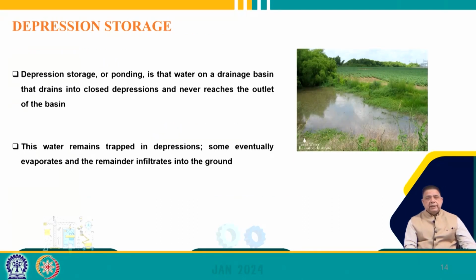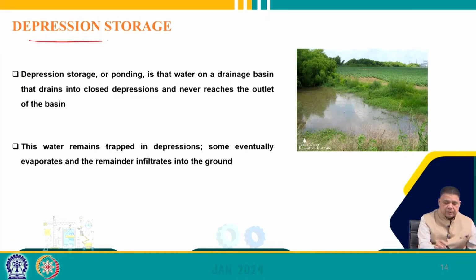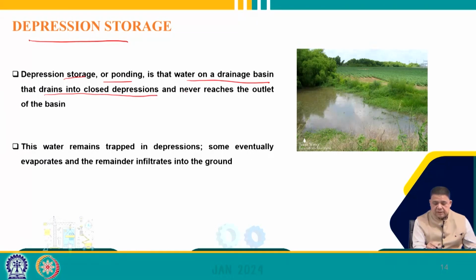Then we come to the next part of abstraction, which is depression storage. We already saw depression storage defined. Depression storage, or ponding, is water on the drainage basin that drains into closed depressions and never reaches the outlet of the basin.